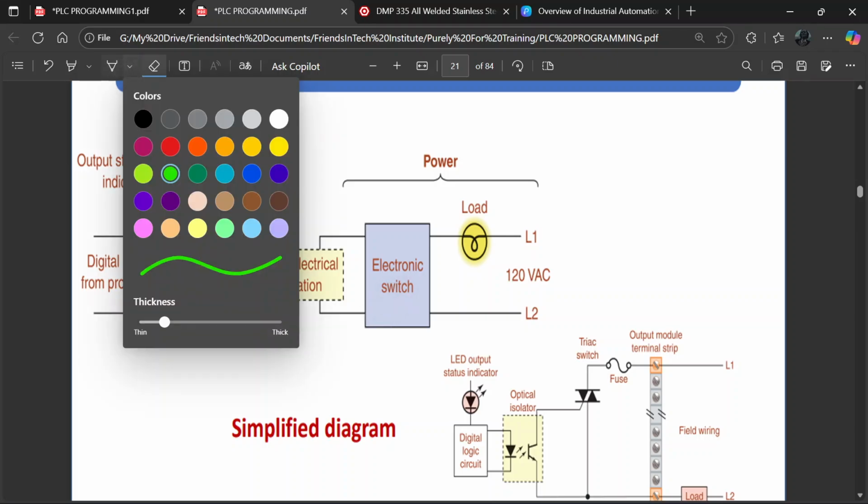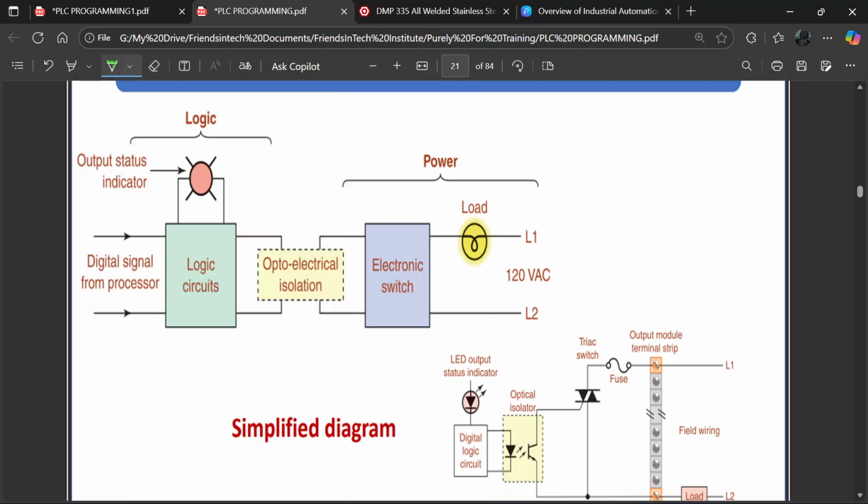The signal is coming from the microprocessor, and the microprocessor is giving 0 to 5 volts. So 0 to 5 volts goes to the opto-isolator, and from the opto-isolator to the electronic switch. Now this electronic switch can be a transistor, a triac, or a relay. Then from that to your load.